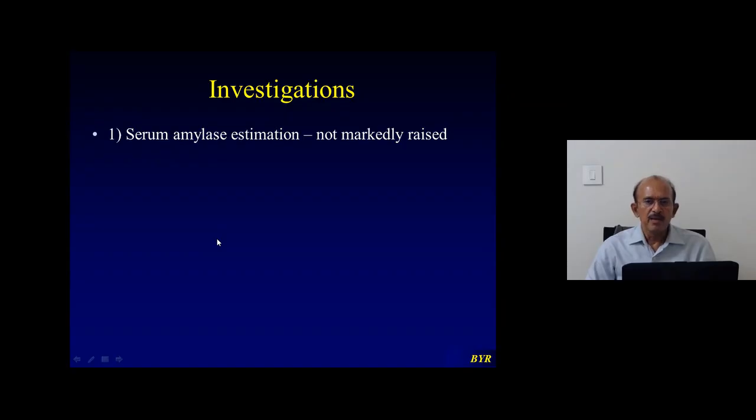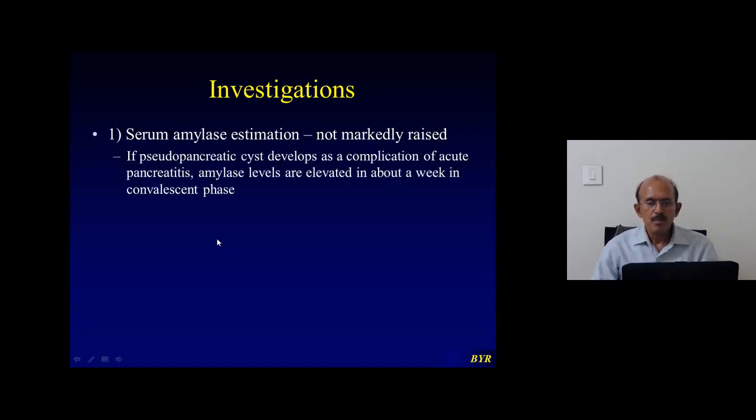Similarly, the pseudopancreatic cyst usually occurs from the 3rd to 6th weeks of acute pancreatitis. That is why the amylase is not elevated. If a pseudopancreatic cyst develops as a complication of acute pancreatitis, amylase levels are elevated in about a week in the convalescent phase.